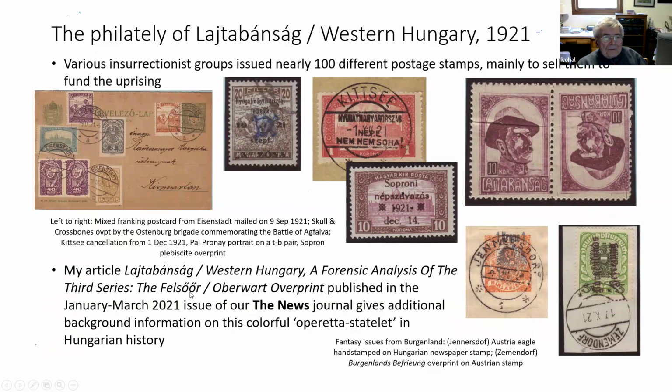And here's an article I wrote back in March of 21, in the newsletter, that kind of gives a background of what I call the operetta statelet of Lajtabánság, a very interesting piece of Hungarian philatelic history.